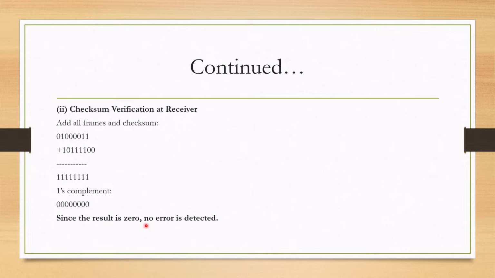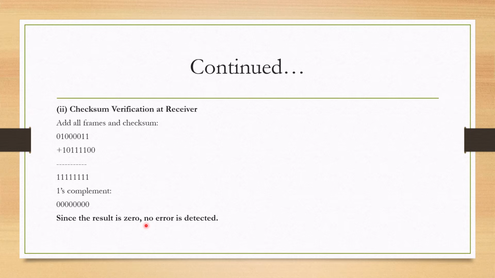So for verification we should know whether there is an error or not. What have we done for the second part? For calculating the checksum at the sender and verifying it at the receiver: at the sender level, we added all the terms and took the ones complement. At the receiver level, we added all the frames plus the checksum from the sender.